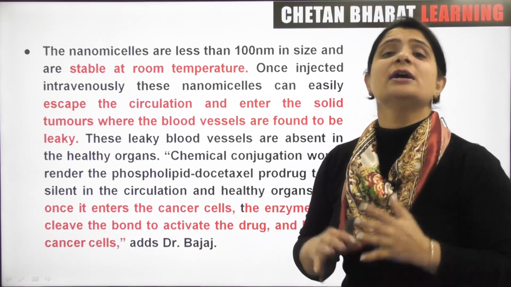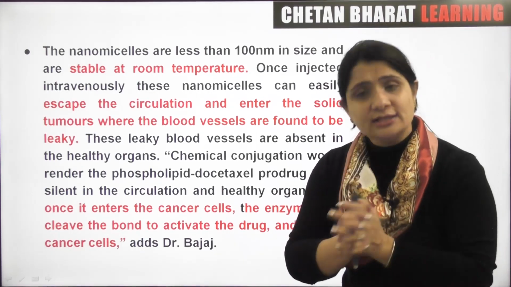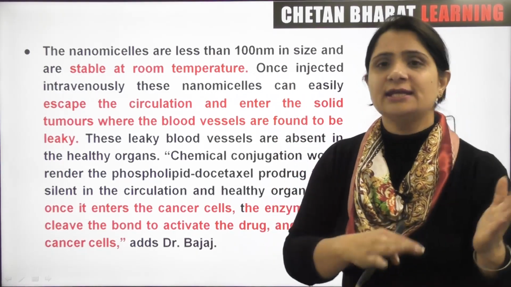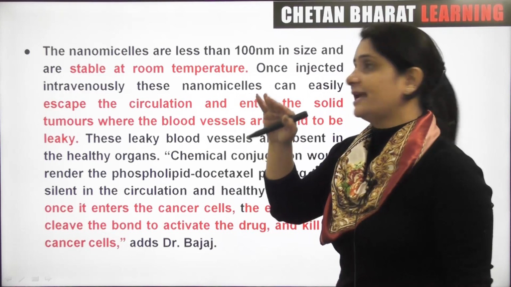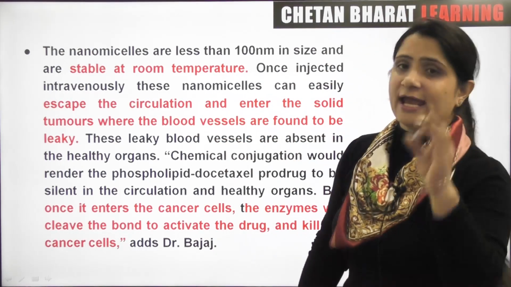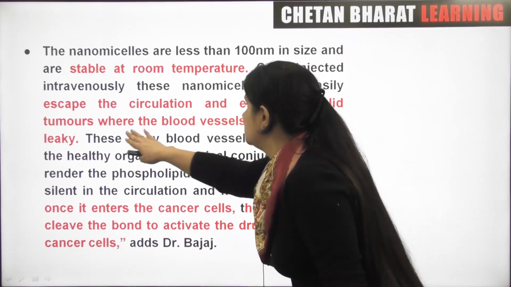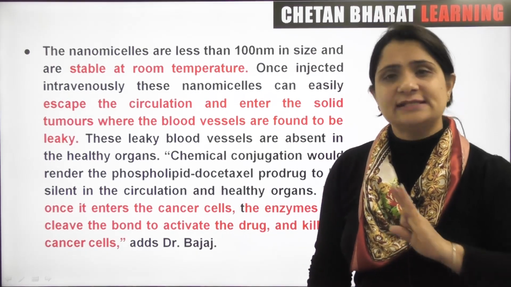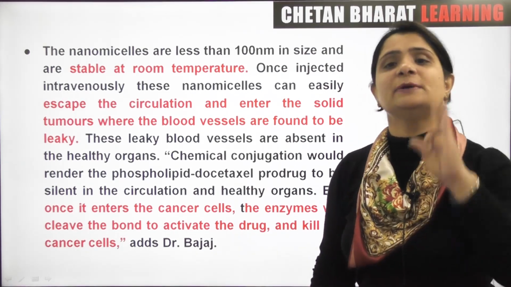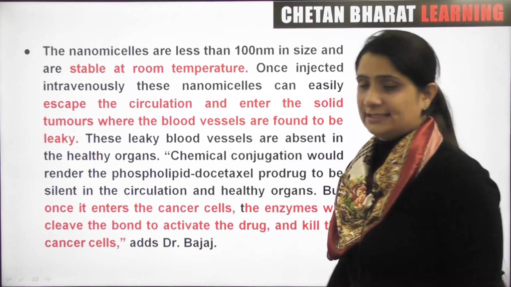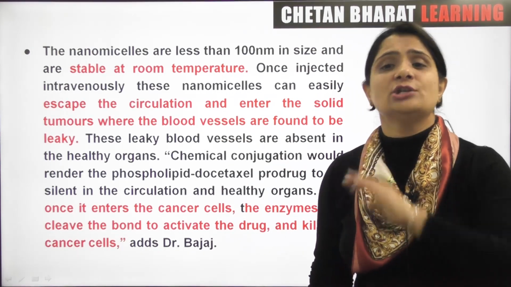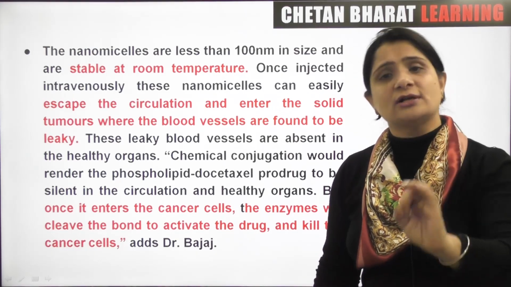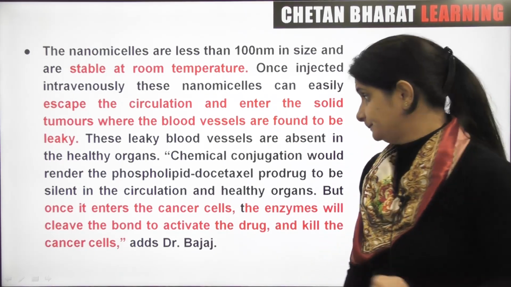So these important drug delivery systems in the form of nanomissiles, taking an example of docetaxel, escape the circulation and enter the solid tumors where the blood vessels are found to be leaky. These blood vessels are not leaky in the normal cells but only in the tumor cells. So there is no chance that they'll affect or increase the toxicity in the normal cells.